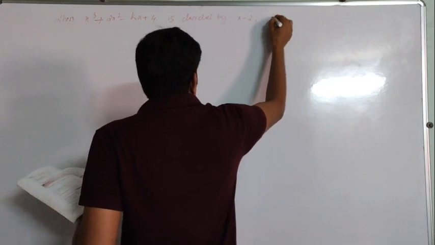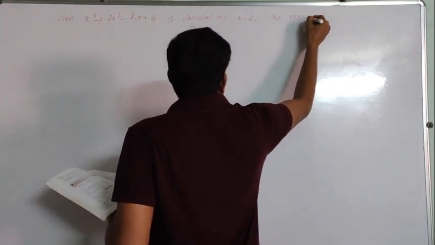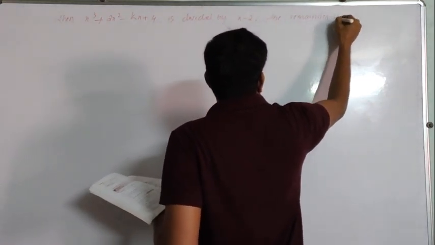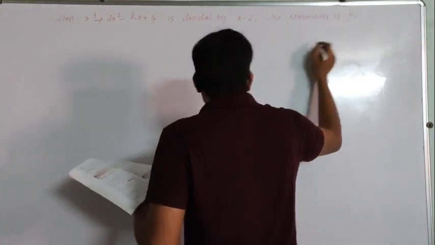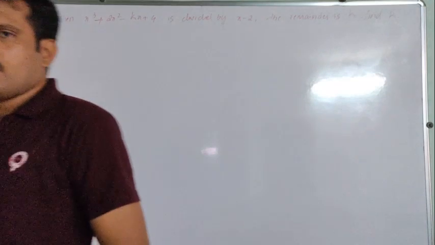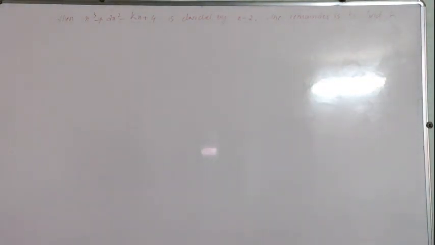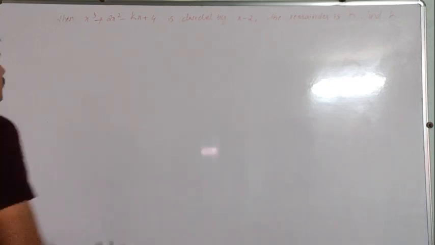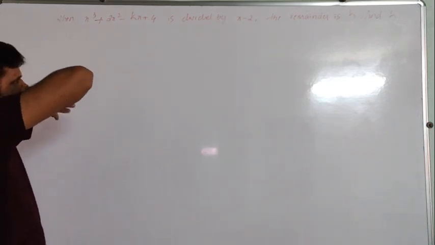The remainder is k. Find the value of a. Okay, so x minus 2, the remainder is k.